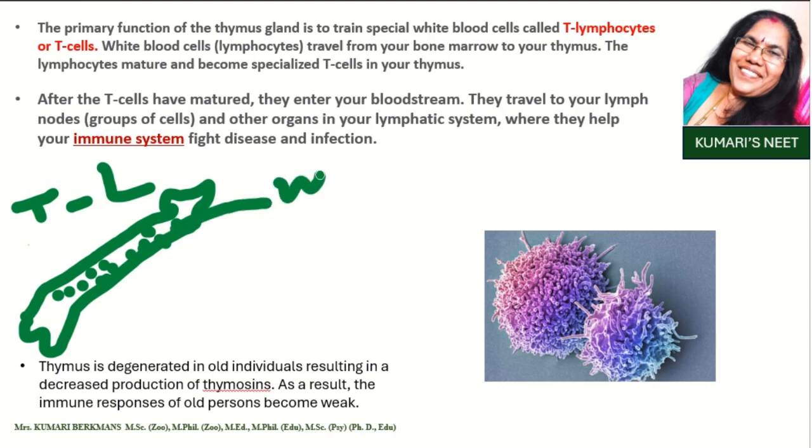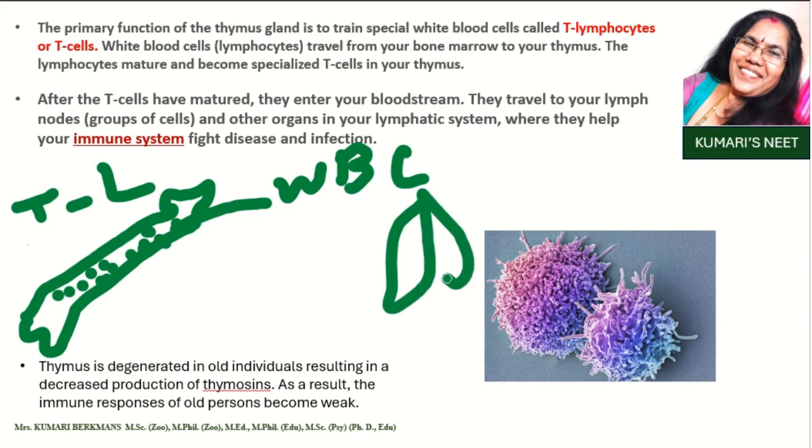Okay, WBC, white blood cells, they travel into the thymus. Okay, the thymus gland we have seen. So this WBC enters into the thymus.